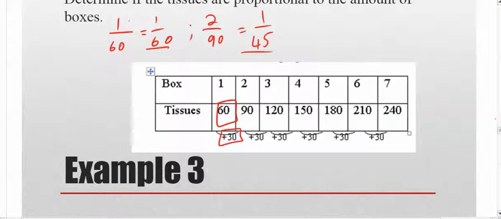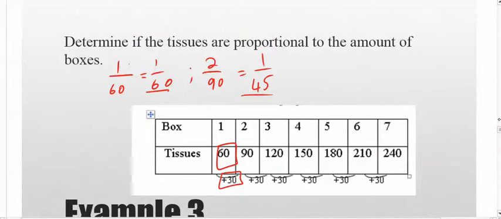And then you could also try out cross multiplication. So 1 times 90 equals 90, and 2 times 60 does not equal 90, because 2 times 60 equals 120. So that equation is not proportional.